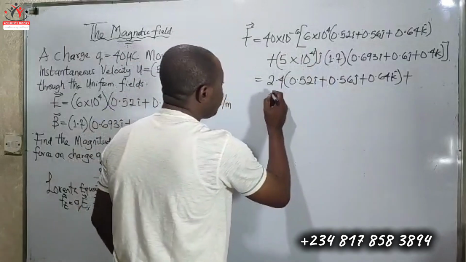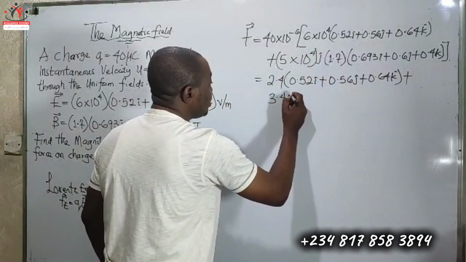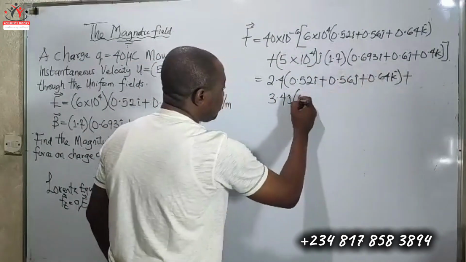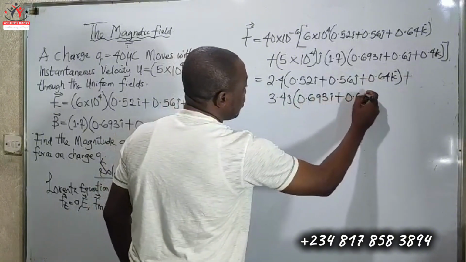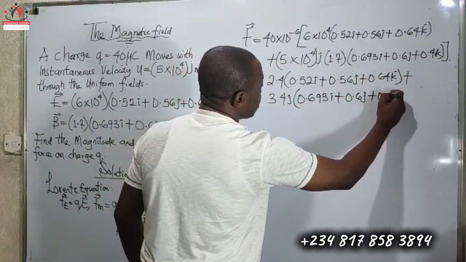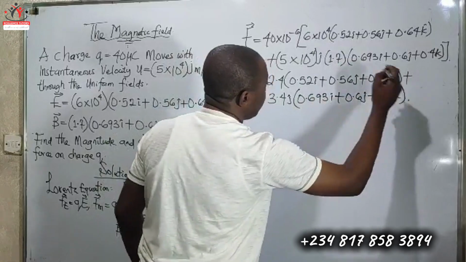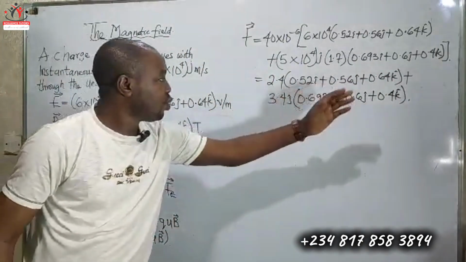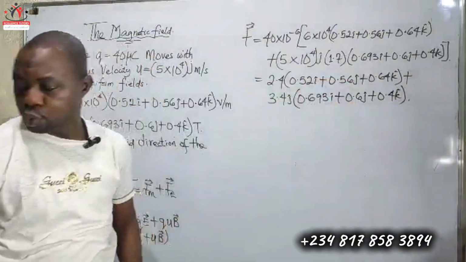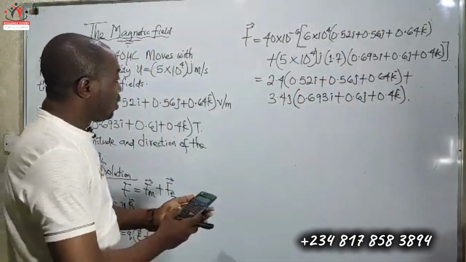So we then have 3.4j, which we now multiply by 0.693i plus 0.6j plus 0.4k. Now in this case, we have to distribute 2.4. So let's expand.